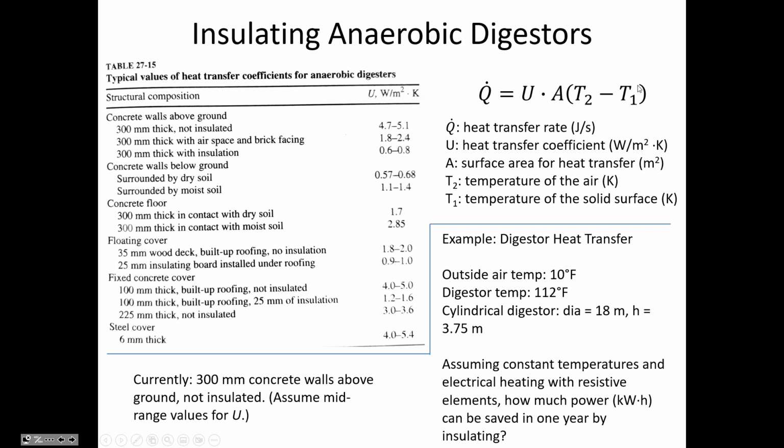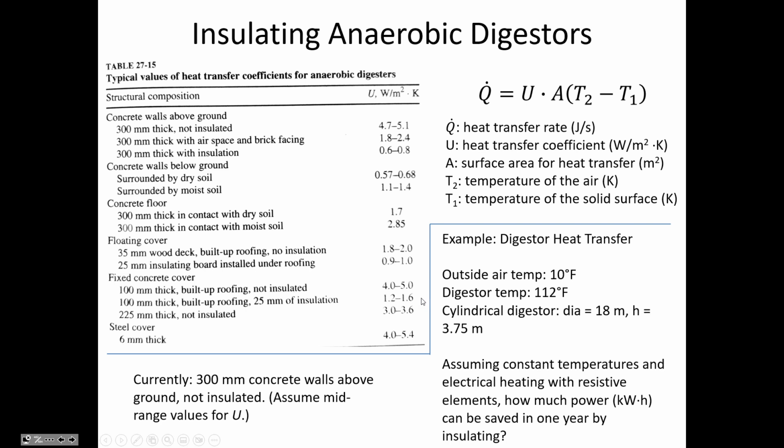That's because when you apply this heat transfer coefficient U into the equation for heat transfer rate, there has to be a difference in temperature between the things that you're trying to insulate and where the heat is flowing to. So let's say that we've got a lot of warm sludge that we're trying to keep warm. You'd have to put insulation around the tank that's holding the sludge so that the heat doesn't go into the outside ambient air.